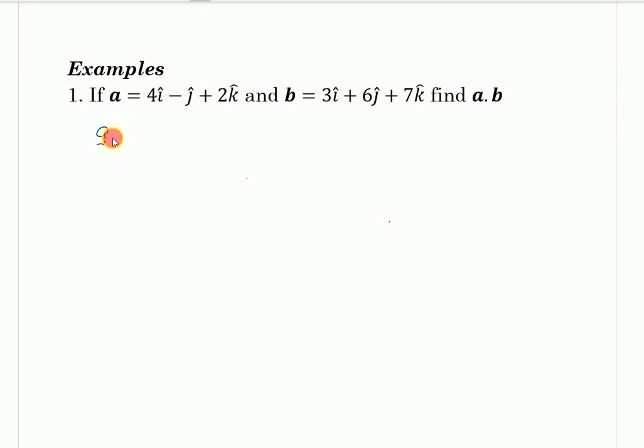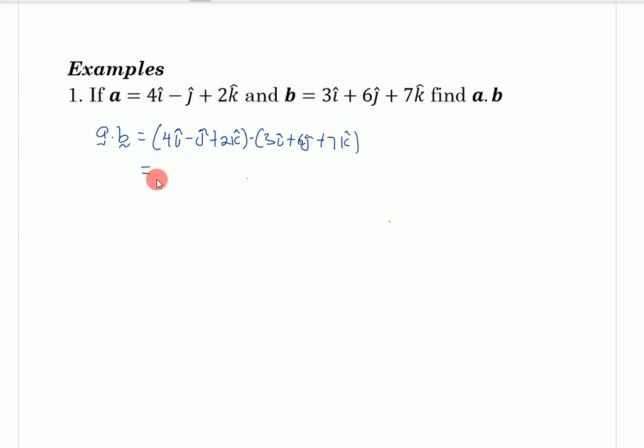a dot b is got by getting 4i minus j plus 2k dotted with 3i plus 6j plus 7k.